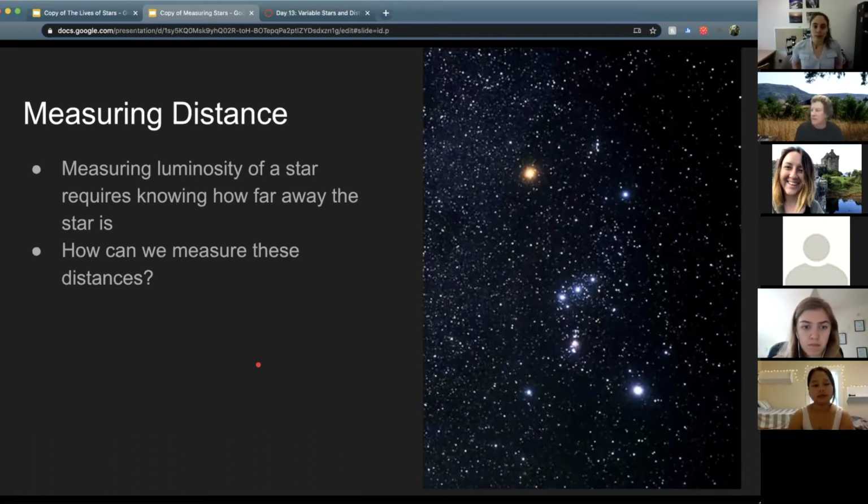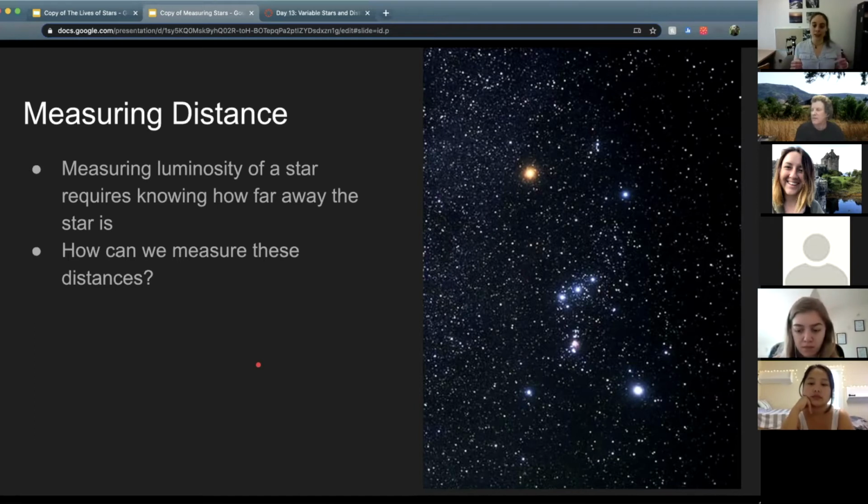And this is really important because if we want to find out where a star is on an HR diagram, you need to know its luminosity, which is going to depend on distance. If all stars were the same brightness, then the stars that looked brightest would be the closest, and the stars that looked dimmer would be further away. But unfortunately, not all stars are the same brightness.